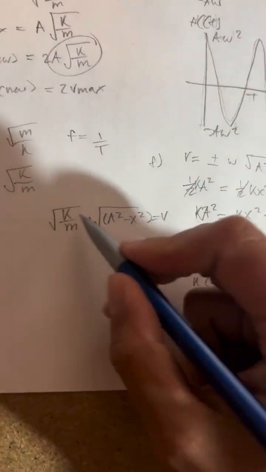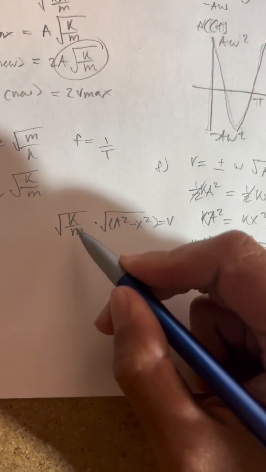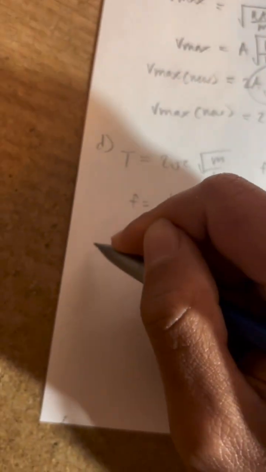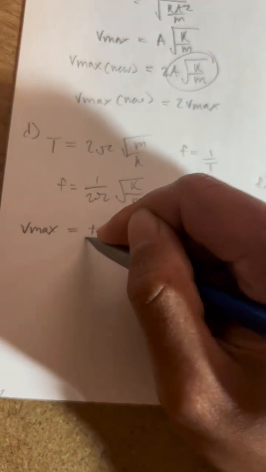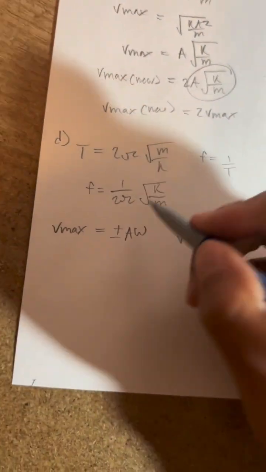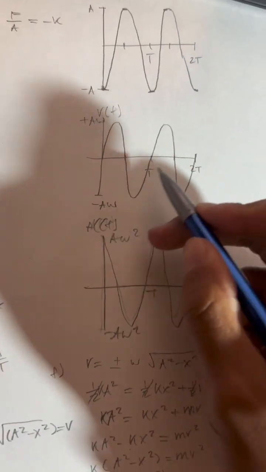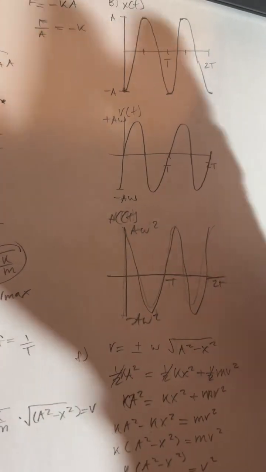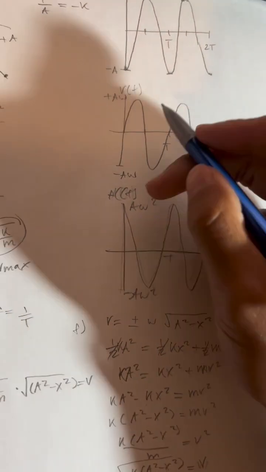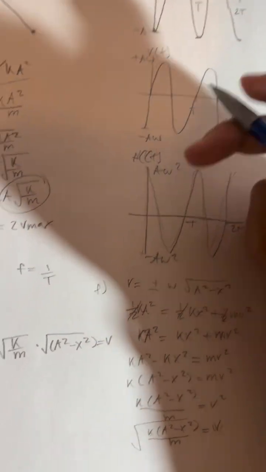Now, why did I factor out the root k over m? Well, v max is equal to positive or negative a omega. This derives from this right here, because sine just fluctuates between 1 and -1. So what really matters is just a omega, right?